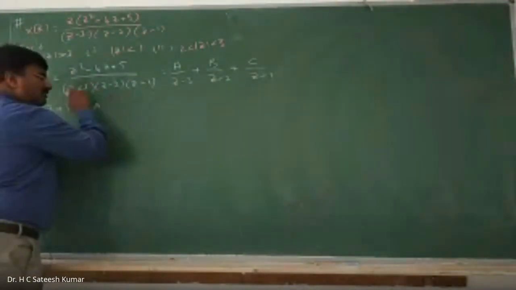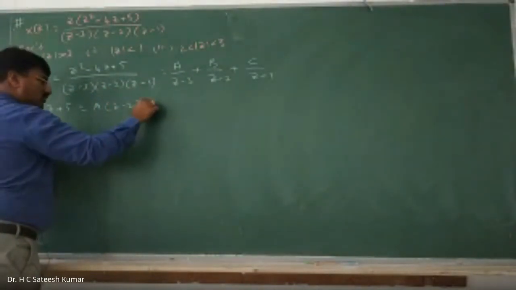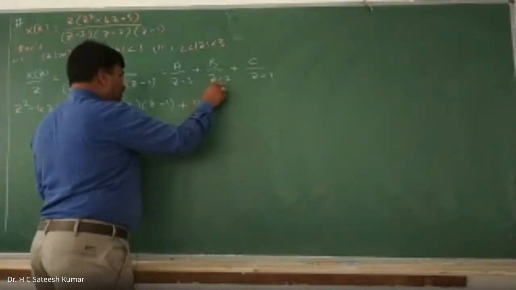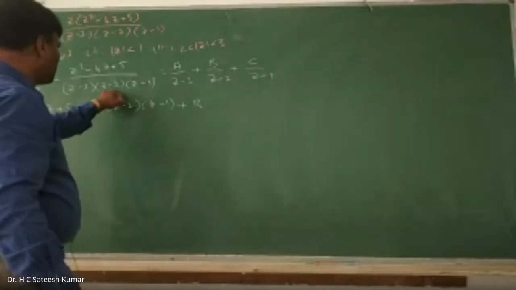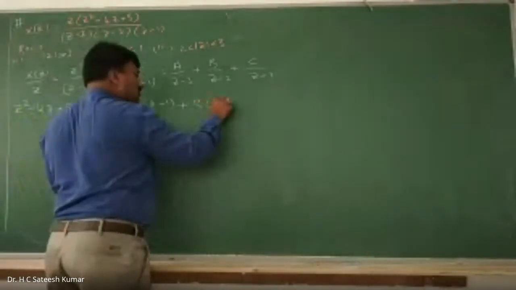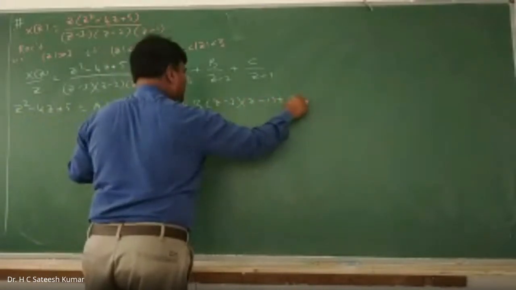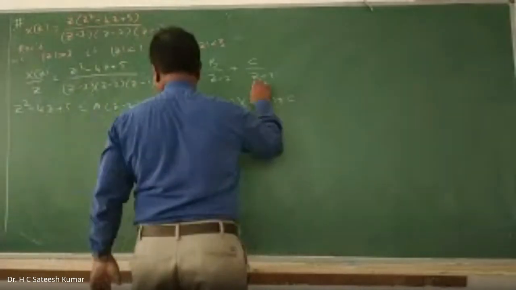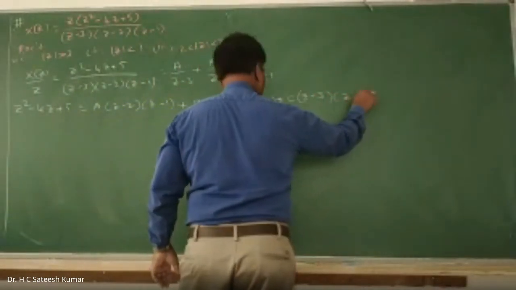Z minus 2 into z minus 1, plus b into, divide by the denominator of b. Z minus 2 gets cancelled. What is left out? Z minus 3 into z minus 1, plus c into, divide by z minus 1, z minus 3 into z minus 2.